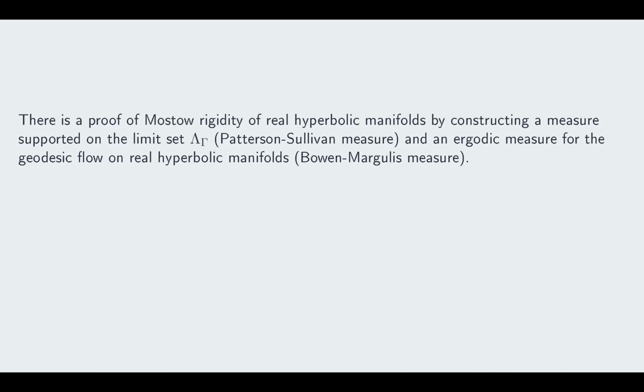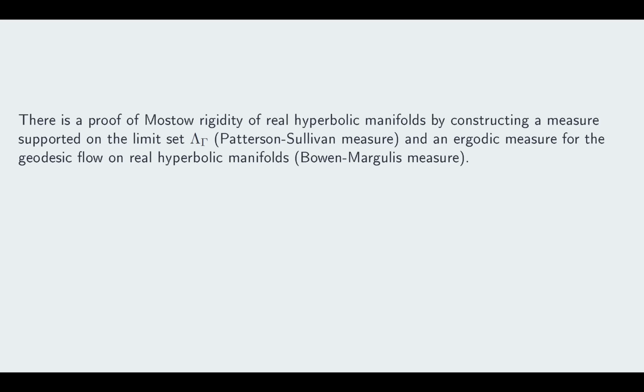So there will be a finite volume real hyperbolic manifold for modularity. The ergodic measure for that is called the Bowen-Margulis measure. There are multiple ergodic measures, but this is a unique one, which satisfies some property. There's a proof using these two measures of the modularity of real hyperbolic manifolds of finite volume.